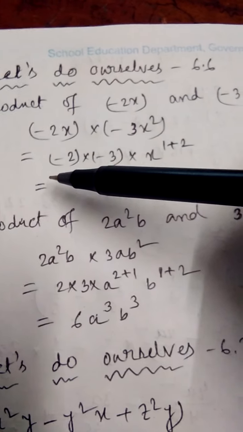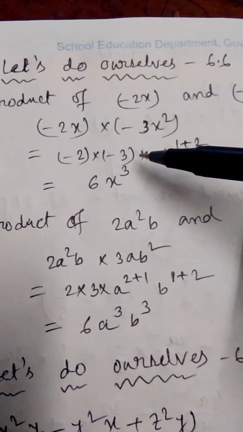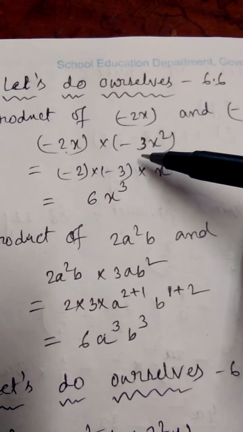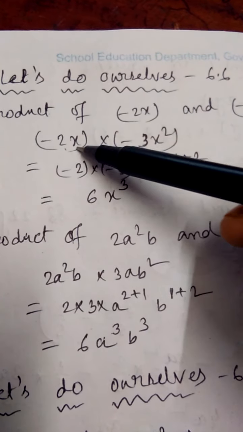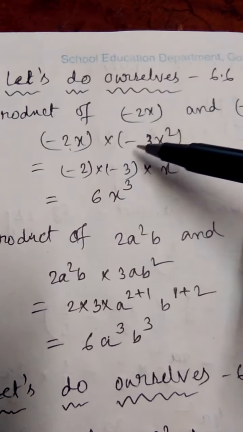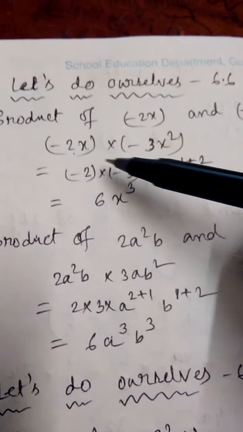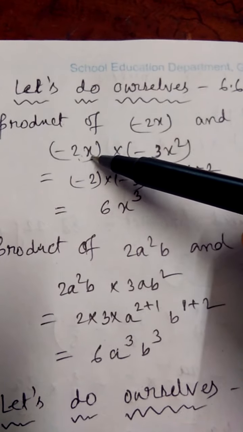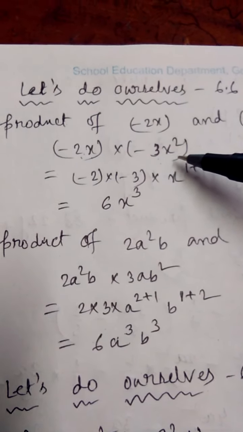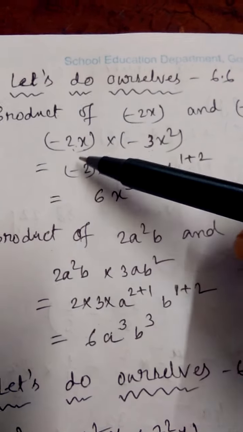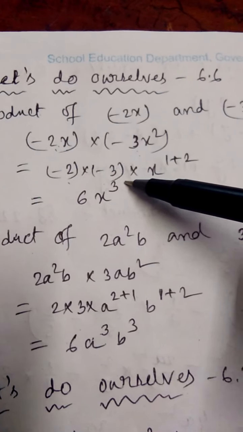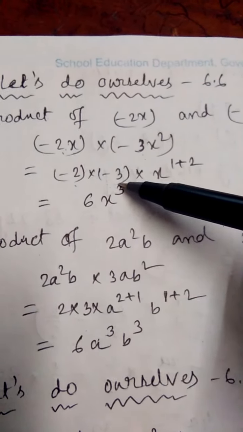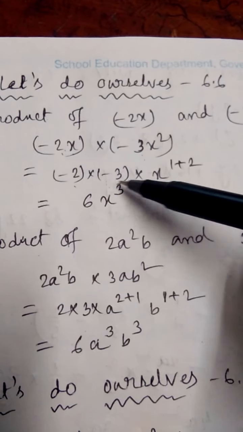At first, we will multiply the numerical coefficients of these monomials. Minus into minus is equal to plus, and 2 into 3 is equal to 6. Then the variables x and x square will be multiplied. These are numerical coefficients, minus 2 into minus 3. We first multiply these two numerical coefficients.